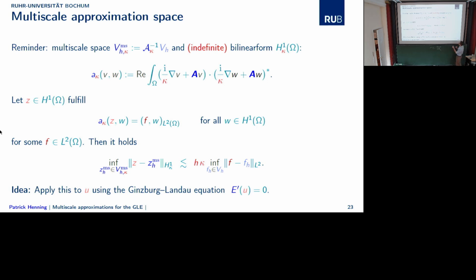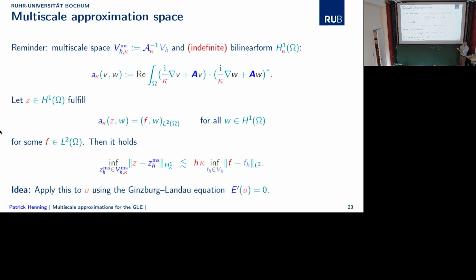And the way we use this result is z is our u, and we use the Ginzburg-Landau equation to phrase it in a form like that. In this case, f will depend on u in a polynomial way, not on the gradient, but u to the power 3 or something like this.